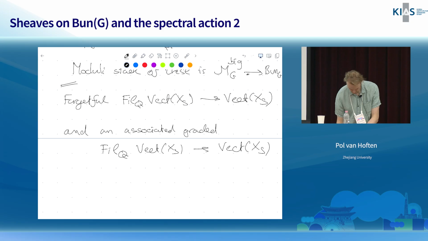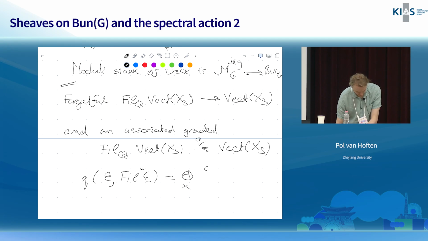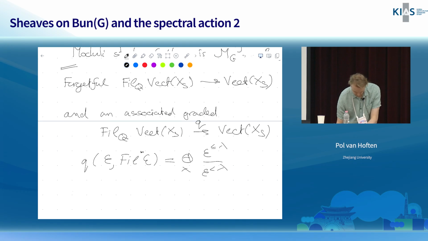I'll call this Q, and Q of (E, Fil bullet E) is the direct sum over all lambda of E less or equal to lambda modulo E strictly less than lambda, where E strictly less than lambda is the union over lambda prime strictly less than lambda of E less or equal to lambda prime.